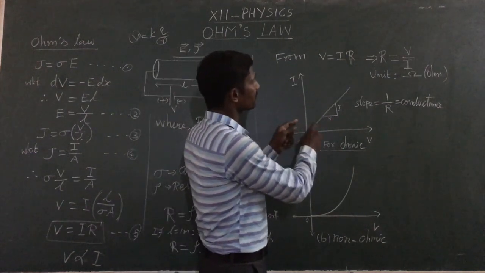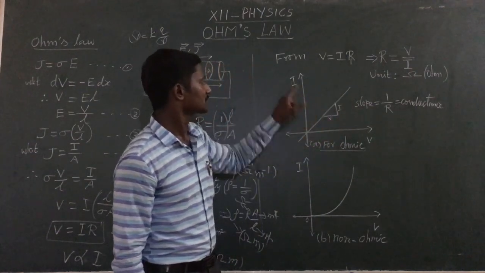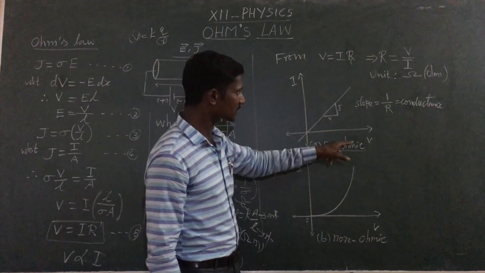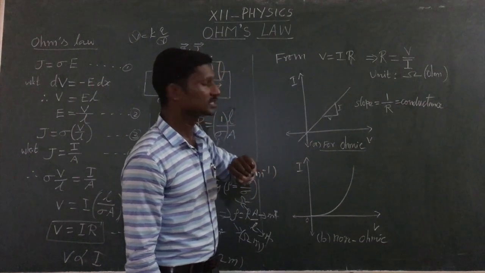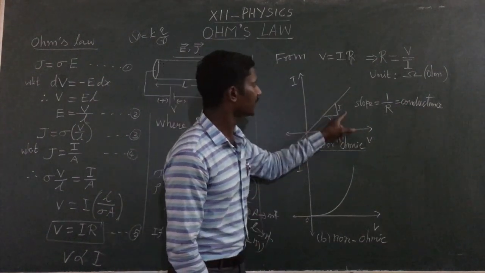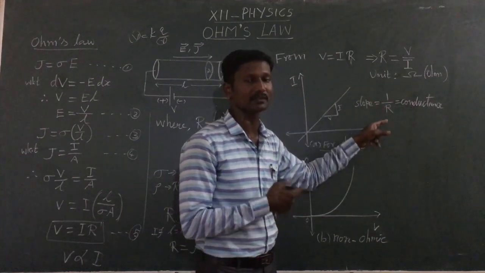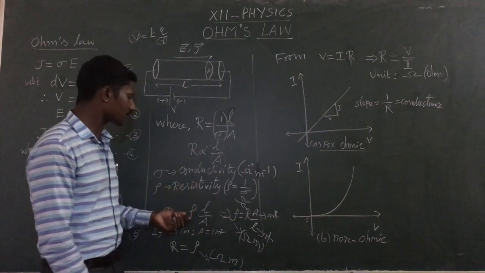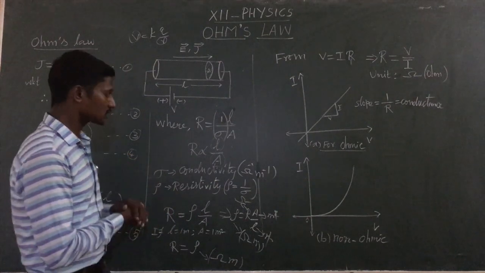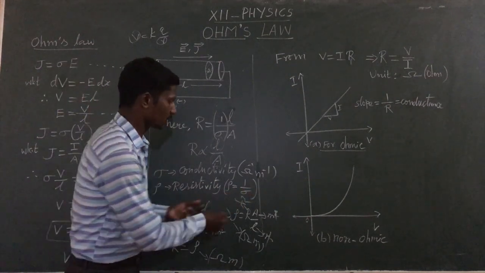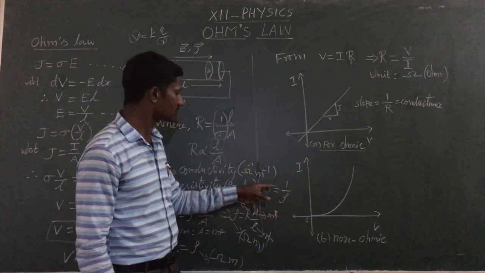Now the ohmic device graph. If we take the slope of the current and voltage graph, with current on the y-axis and potential difference, that is voltage, on the x-axis, the slope is 1 by R, that is conductance. The reciprocal of resistance is conductance. Similarly, sigma is equal to 1 by rho, so the reciprocal of resistivity is conductivity.